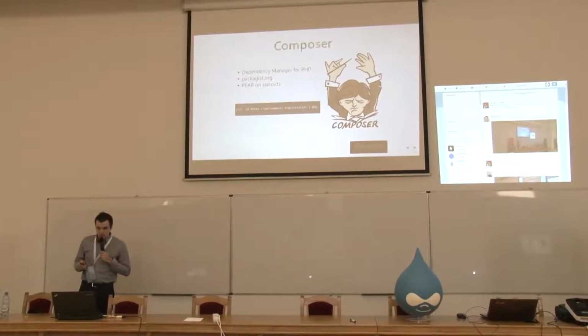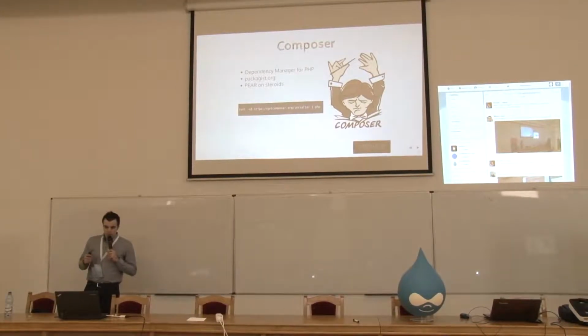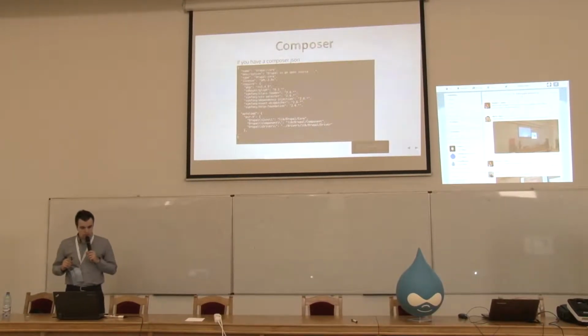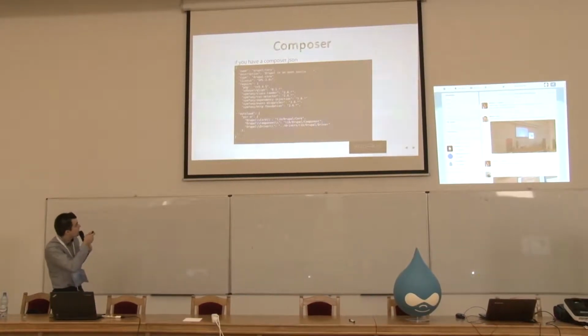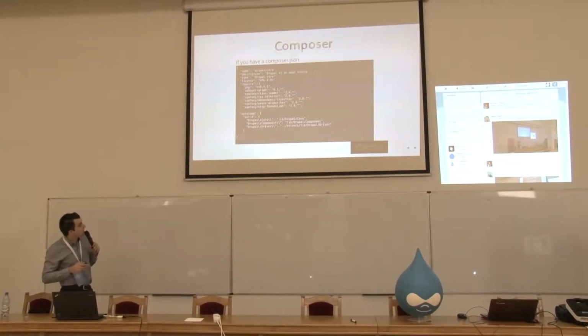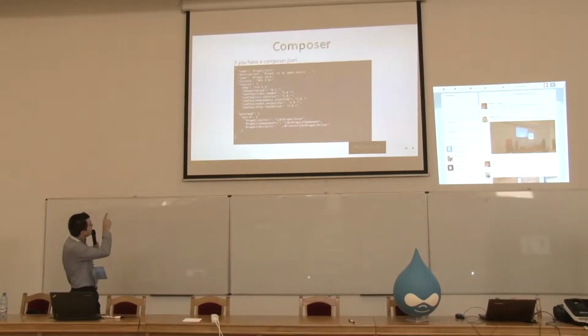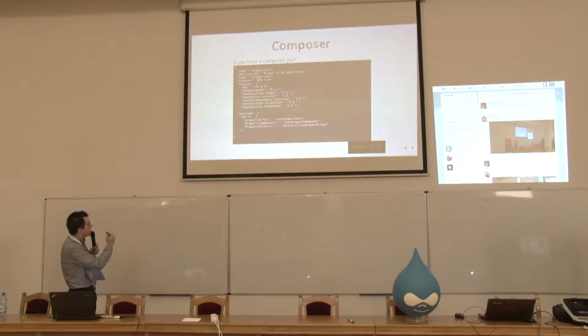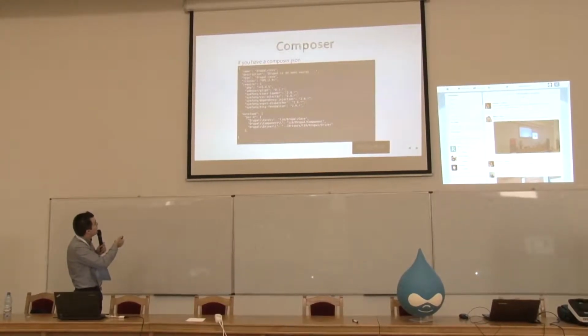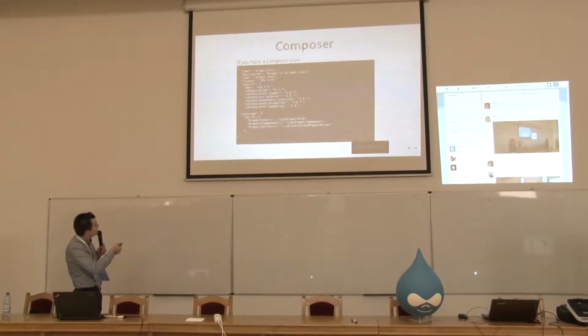It's really, really simple. And after that, if you have a composer.json file, this is actually the composer.json file from Drupal 8, a part of it, you can see that you are defining the require section. In the require section, you define what dependencies the project has and which version to use.